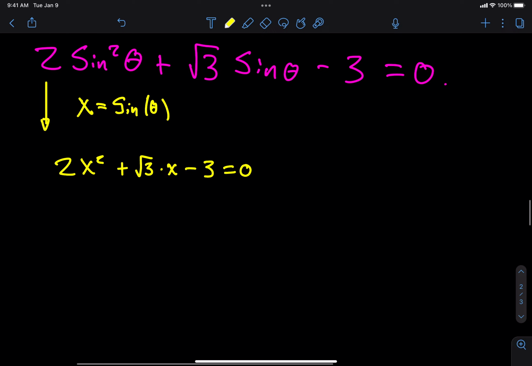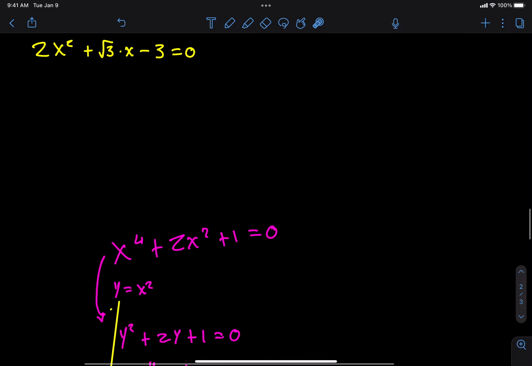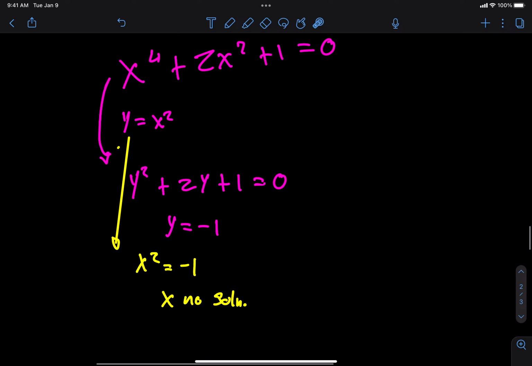Okay, so we translated this into x. What was the purpose of translating this problem into x? Well, let's go back to this one. We translated it into a quadratic equation so that we could then do what?